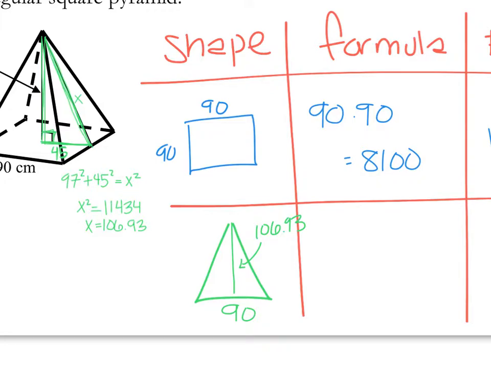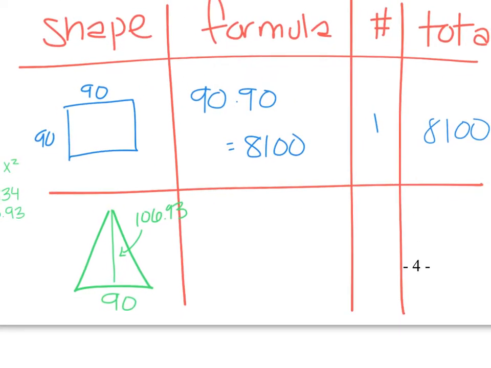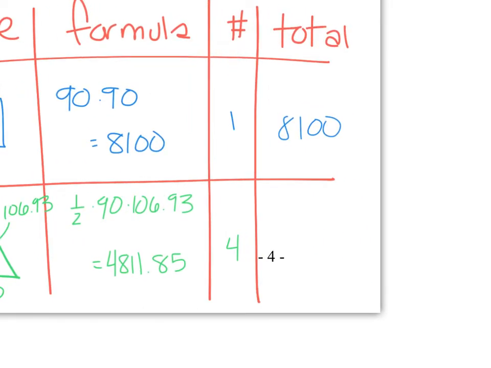That is the whole side length. So now, triangle, 1/2 base times my height. So I get 4811.85, and I have 4 of them. So my total is 19,247.4.